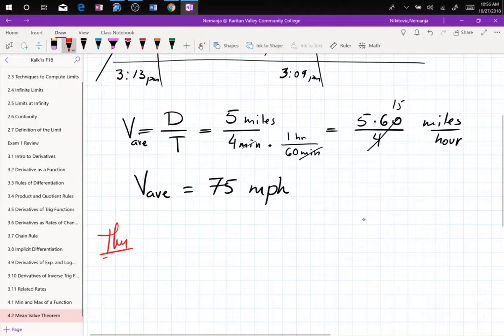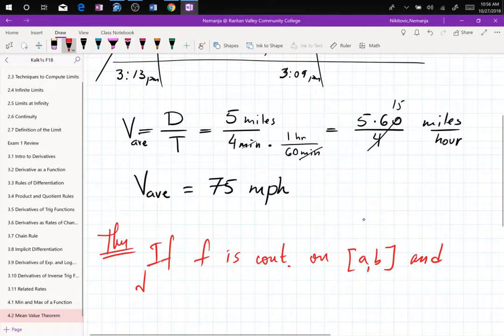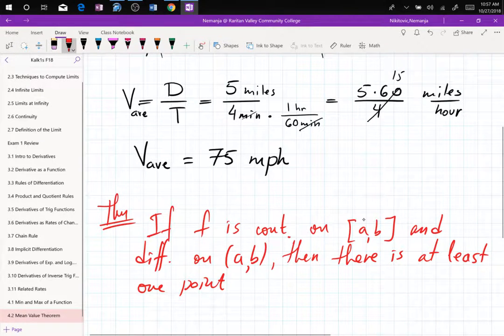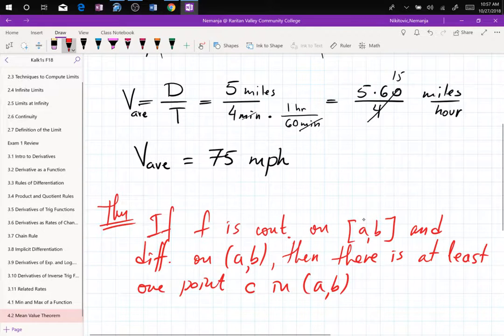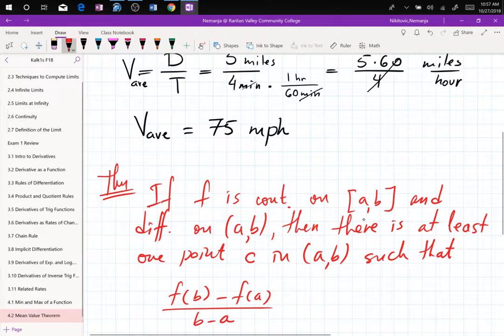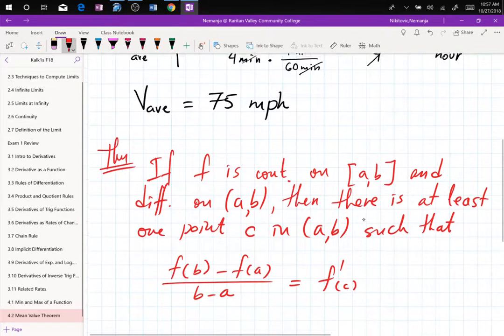So, what's the mean value theorem? If a function is continuous on closed interval a, b, and differentiable on open interval a, b, then there is at least one point c in that interval a, b such that, and now we have f of b minus f of a over b minus a, this is your standard average, is the derivative, which is instantaneous, at c.